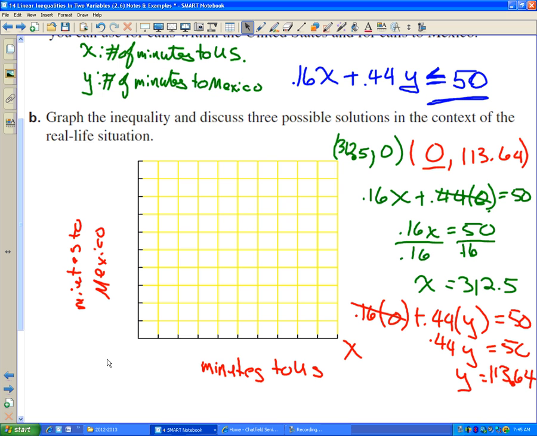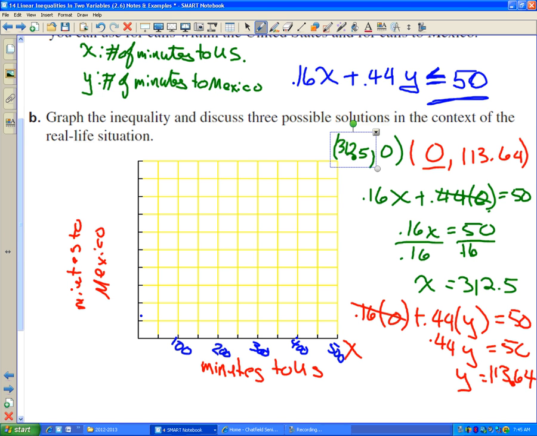I need 312.5 minutes to the U.S. So 2, 4, 6, 8, 10. Let's go ahead and take this up to 500, so I'm going to count each other one as 100, 200, 300, 400, 500. Up here, again, I have 10 lines.